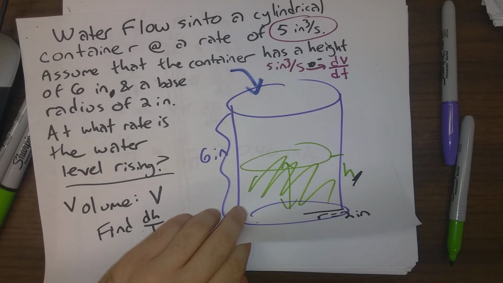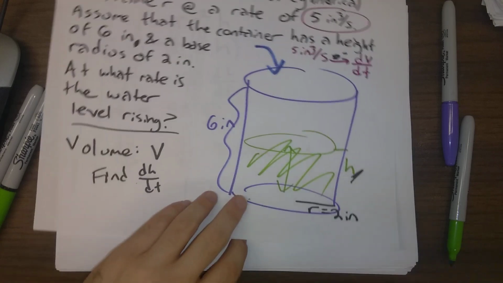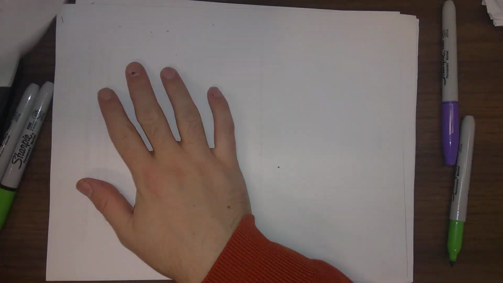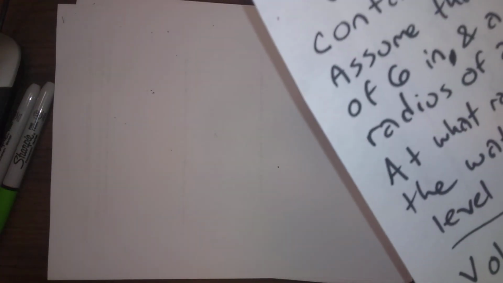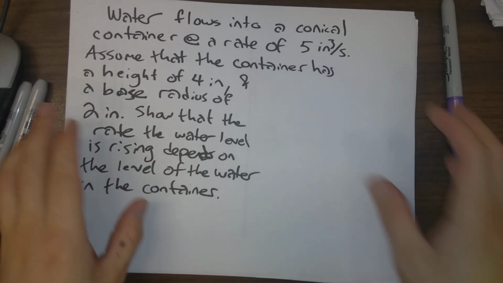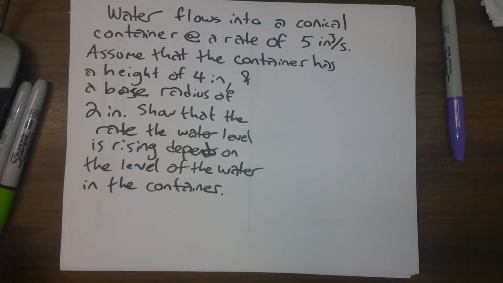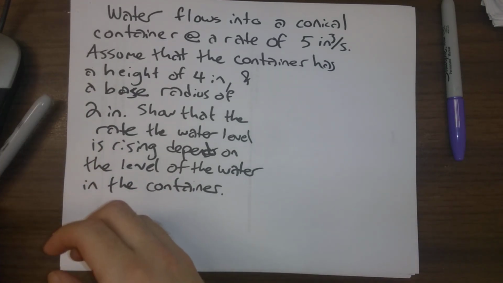So let's ask the question of, well, what would happen if we had some other shape? What would happen if instead of having a cylinder, we have a container that looks like a cone? So let's draw that.